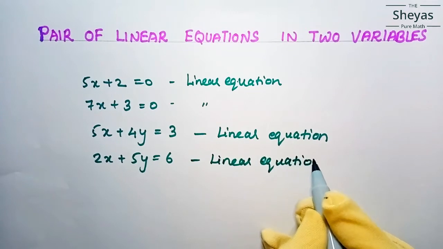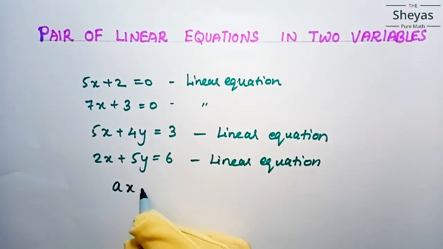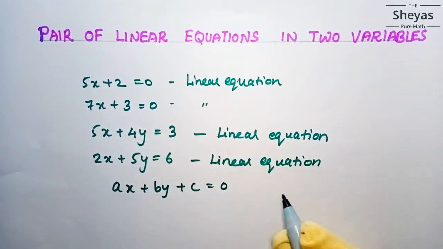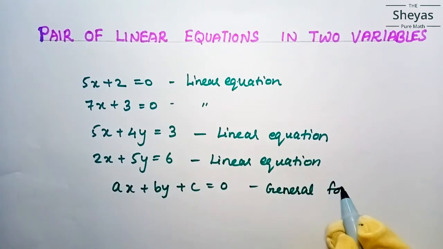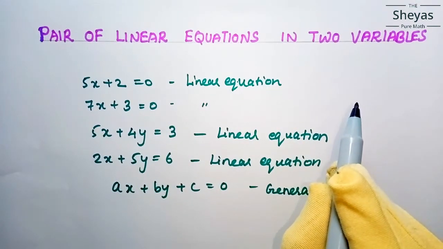Okay. So now we can write the general form of the linear equation: ax plus by plus c is equal to 0. This is the general form of the linear equation, which involves two variables. So here we are going to see a pair of linear equations in two variables.